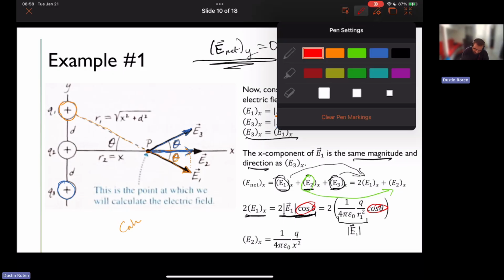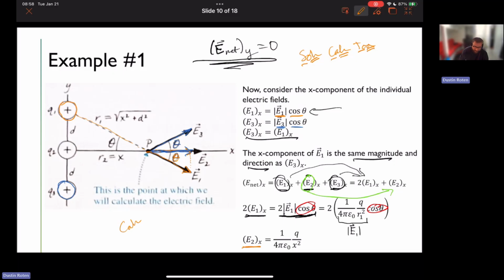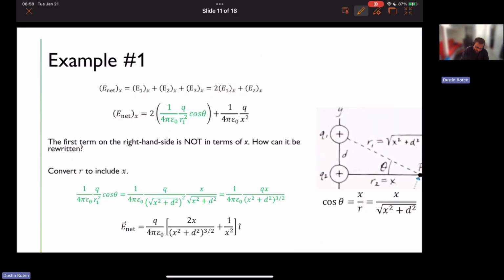Now we can jump down to the x component of E2. That one's easy. There is no y component at all. It is just full strength in the x direction. So this one is just the definition of the electric field, no extra things needed. Well, we know what this is, and we know what this is, so we can just add them together.